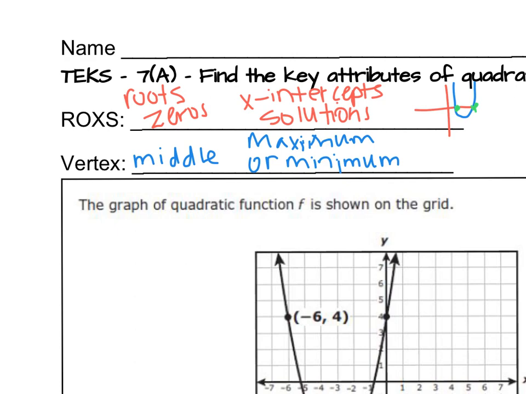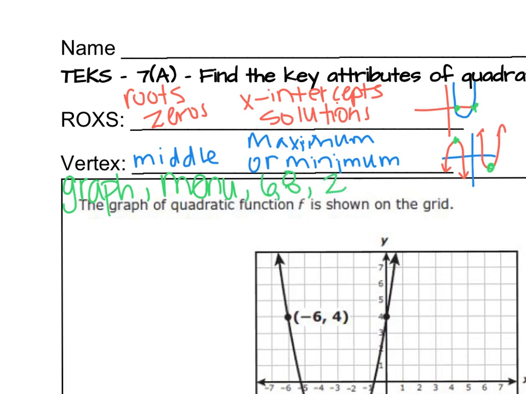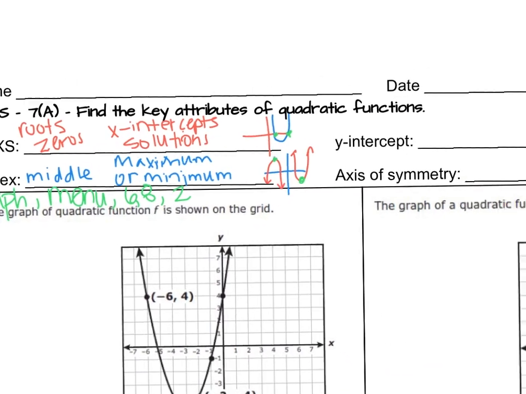So the way that looks on a graph is if we have our grid and then we draw our parabola, the vertex is this center point. The way we find that on the calculator is we graph in a new document and then we press menu 6, 8, 2, and that will tell us our vertex if we're on the calculator.